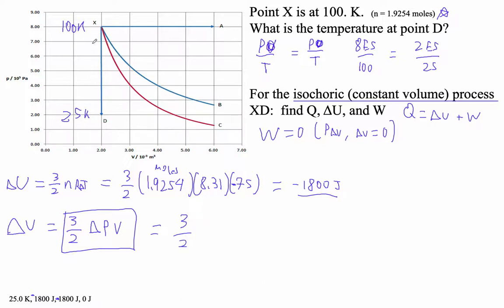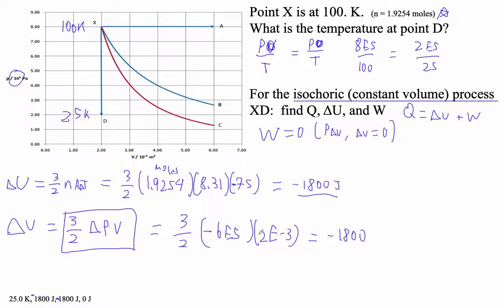Our change in pressure is 1, 2, 3, 4, 5, 6. So it goes down 6 times 10 to the 5th. Remember, that's times 10 to the 5th, right? And then our volume is 2E minus 3. So try that. 3 divided by 2 times negative 6E5 times 2E minus 3. And indeed, that's negative 1800, right?